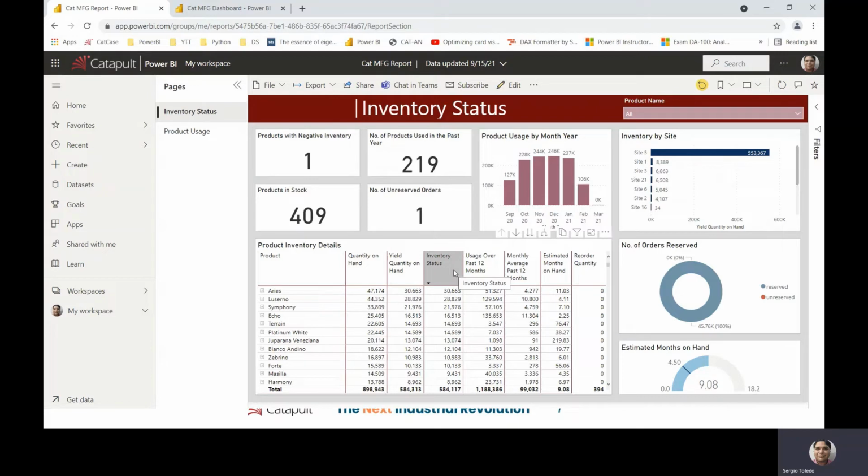Here, anybody can just log in, if they have access, and see these values, see these visuals, and act on what they see if there's a call to action. And judging by this card, there are products with negative inventory. There is a call to action here. That product needs to be reordered and quickly, because an order was placed and we need more stock.